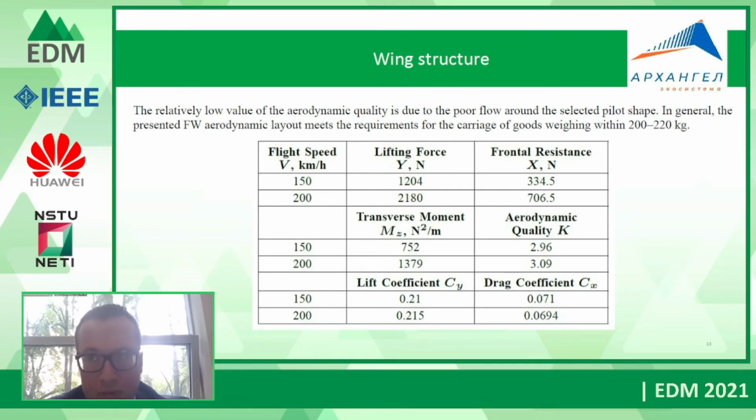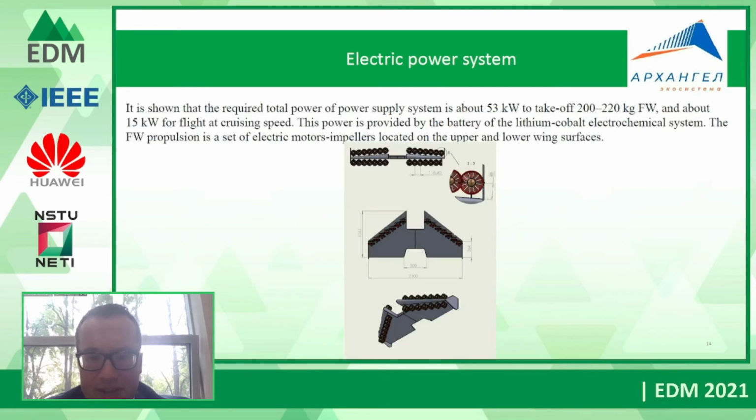It's poor aerodynamic quality, but for the wing structure, the wing profile without impellers and without pilot, the aerodynamic quality of this structure is 220. So impellers and human decrease the aerodynamic quality to 3. So the next slide, please.